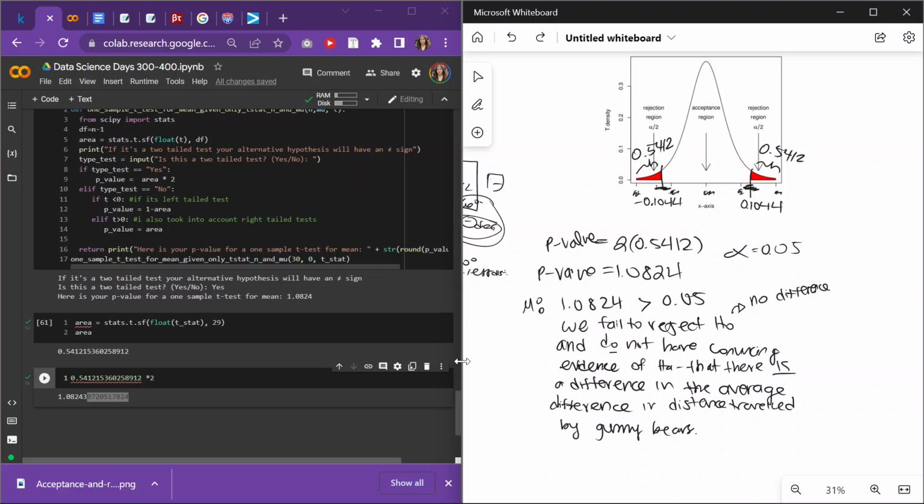And whatever the probability is, if it's greater than the significance level, then it is not statistically significant. Therefore, we do not have enough evidence for HA, and we fail to reject H0, because it's greater than the significance level. So it has to be less than the significance level, that probability of T happening.